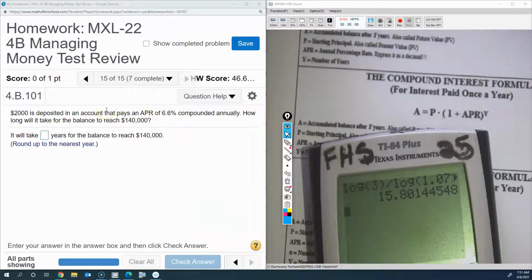All right, so you got $2,000, so that's your P. That's how much you're starting with. Okay, here's your APR. Okay, compounded annually. How long will it take? So that tells you right there, you're going to be using logarithms to solve this. Your goal, your accumulated amount is 140,000.